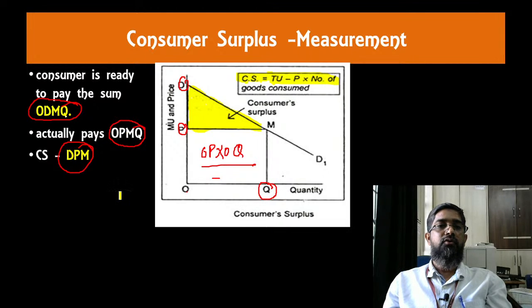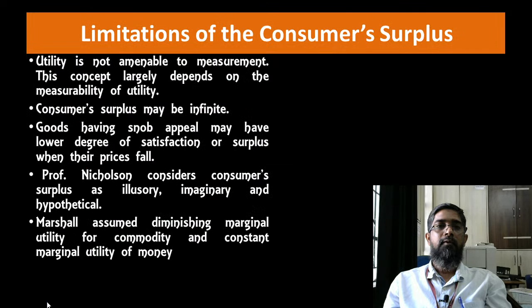Now moving on to the limitations of consumer surplus. The first limitation is on the question of measurability.